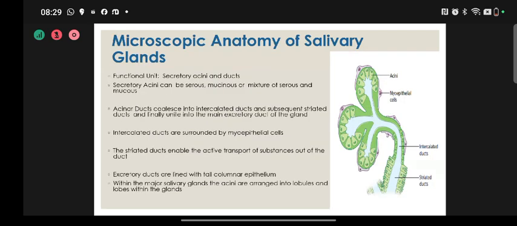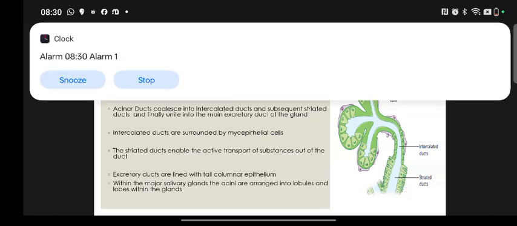Now, coming to the microscopic anatomy of the salivary gland, this is important when we talk about the various tumors that arise from the parotid gland, from the salivary glands. So in the salivary glands, the functional unit is a secretory acini and the ducts. The acini can be serous, mucinous, or mixed, like there is a mixture of serous and mucinous acini.